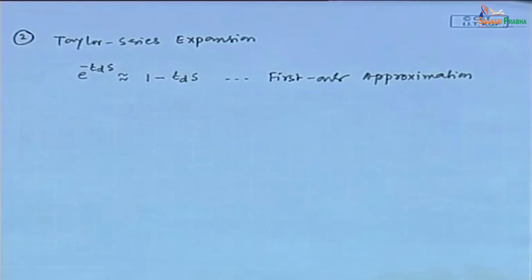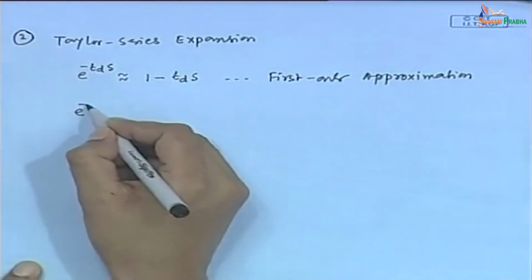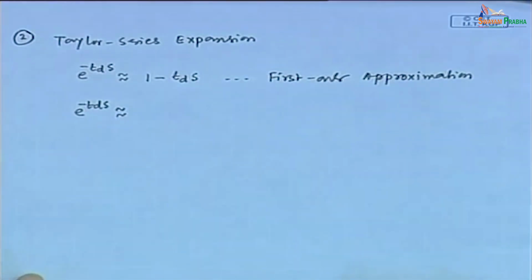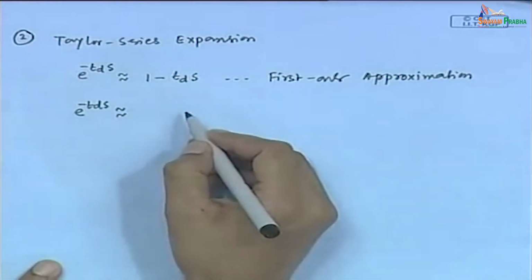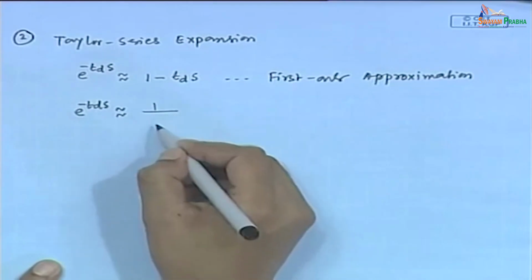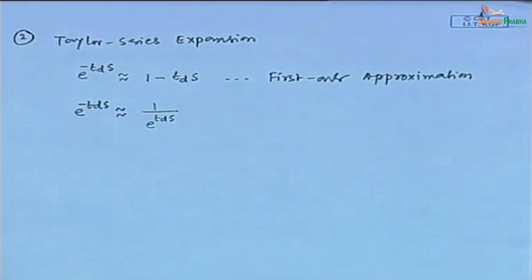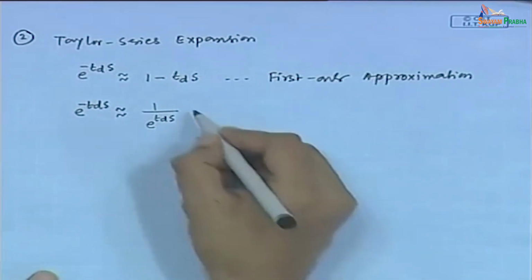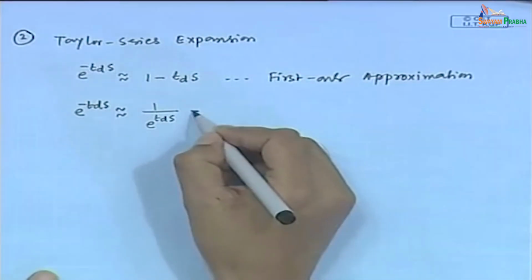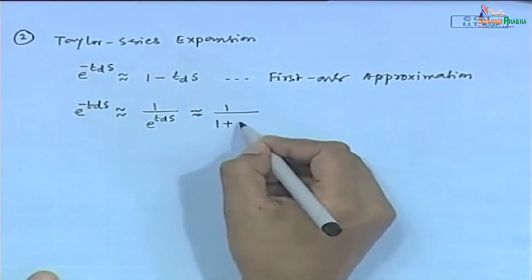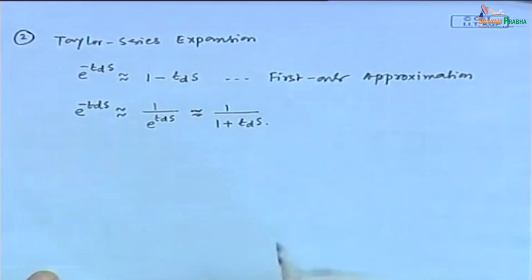It has another form. By using the Taylor method we can write this as 1 by exponential of TDS, which is equal to 1 divided by 1 plus TDS.